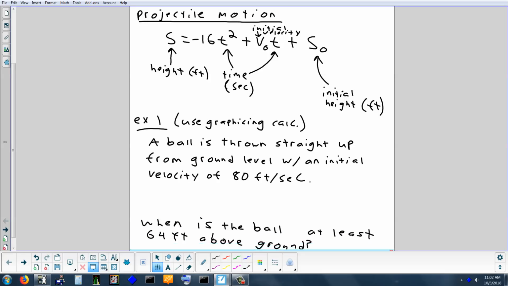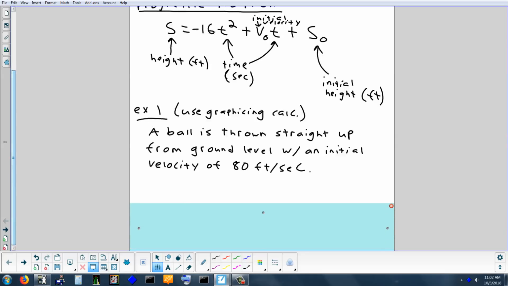I want to find, well, you know what, actually, before we even do that, let's just figure out what the formula would be to model that. So a ball is thrown straight up from ground level with a speed of 80 feet per second. So the height of the object, the negative 16, that never changes. So negative 16 t squared plus initial velocity.